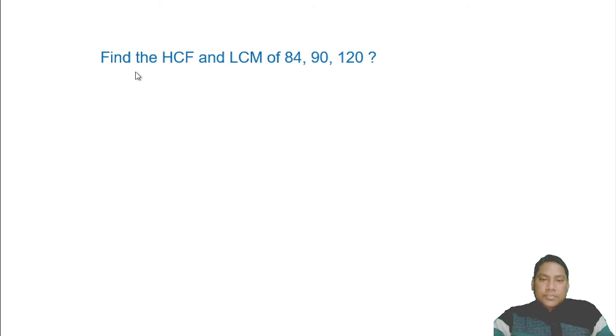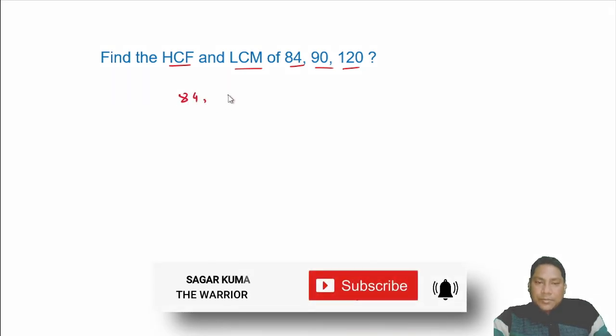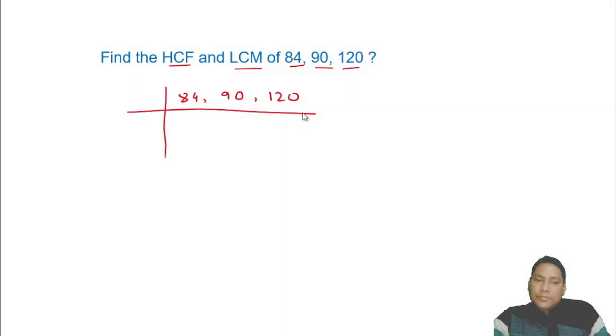Here the question is, find out the HCF and LCM of 84, 90 and 120. We'll first write it like this: 84, 90 and 120. First of all, we'll take any number which will completely divide all three numbers. The number is 2.